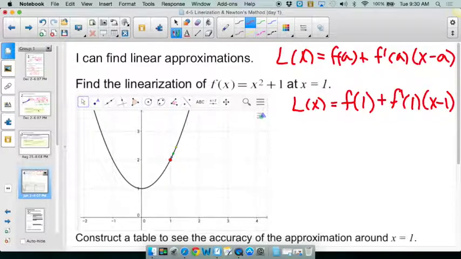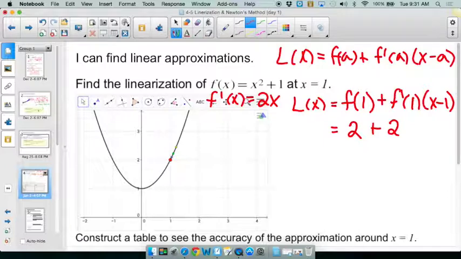So what is the value of my function at 1? And what is the derivative? So now we've got to do a little bit of work here. If this is the function, what is the derivative of this function? 2x. So what is the value of my derivative at x equals 1? Okay, so I have a slope of 2.